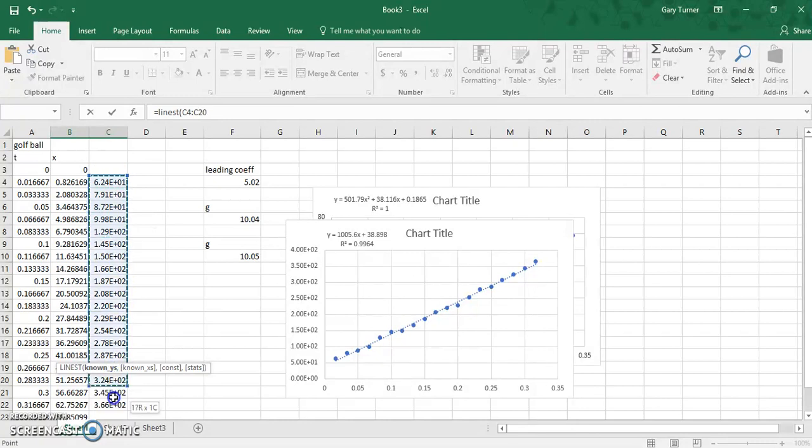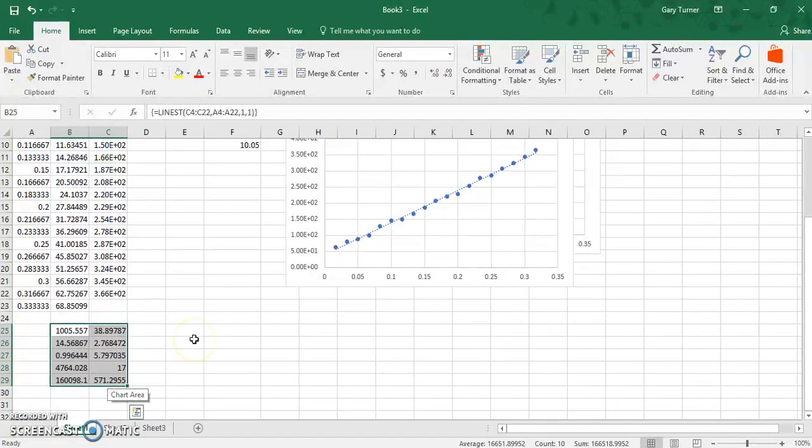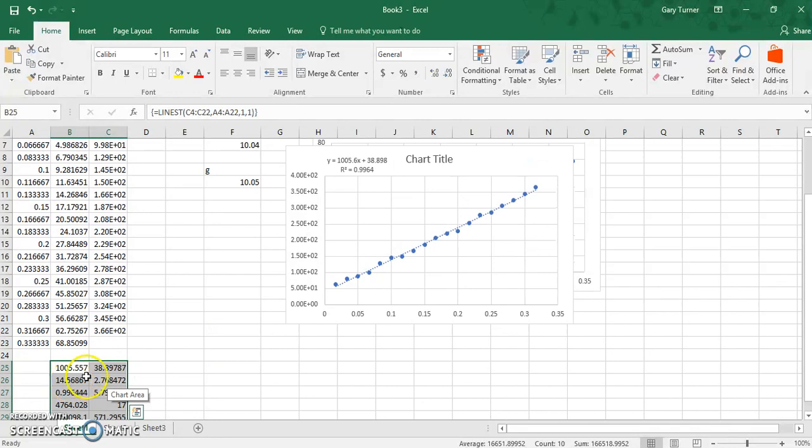So again, highlight your known y values, comma, the corresponding x values that go along with each of those measurements, comma 1, hit Control Shift Enter, and we should now have our uncertainties.